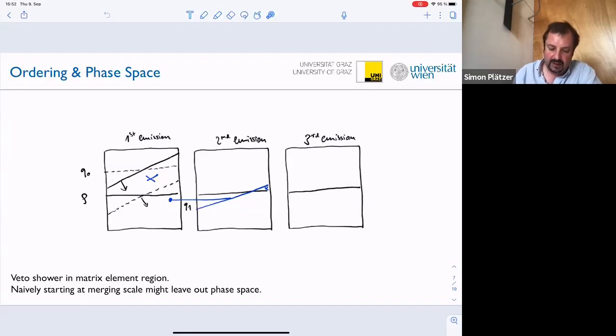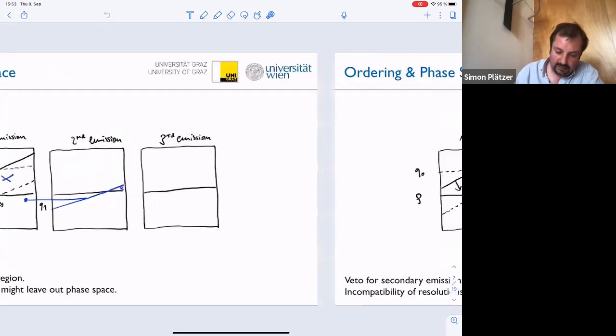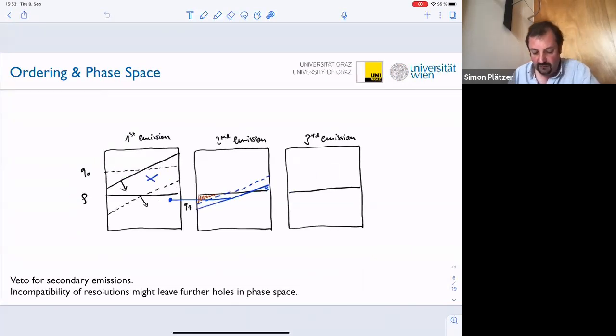And to see this, just consider what we could reach maximally by making this first emission maximally hard in scale, just at the boundary of the matrix element region. And then we would have a picture like this. So even if we have the maximal phase space available for the second emission, which we still would veto in the matrix element region over here, we could not possibly be populating this corner of phase space.